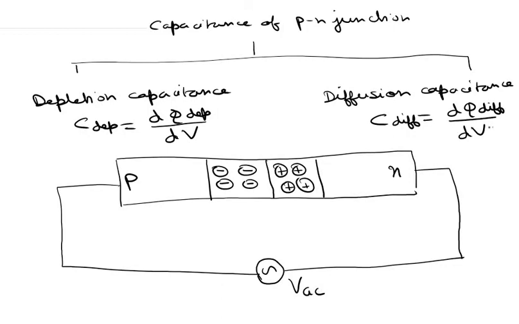Now the question is, how does this depletion and diffusion capacitance basically affect the characteristics of the diode? So the answer is that they don't affect the characteristics of the diode when we apply a DC voltage source, but when we are applying a time varying voltage, they affect the behavior of the diode in this way.